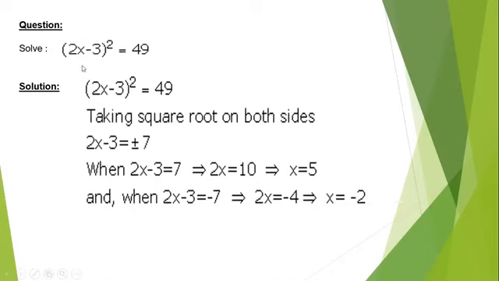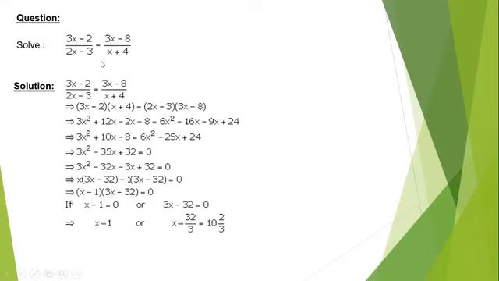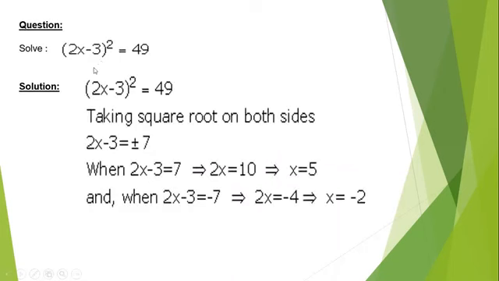Now see this. This is again a very simple question. If it is given (2x minus 3) whole square equal to 49, here 49 can be written as 7 square. And when powers are same, base can be compared.